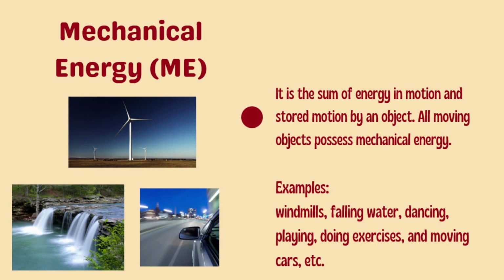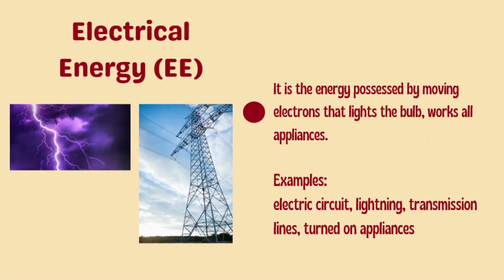First is mechanical energy. It is the sum of energy in motion and stored motion by an object. All moving objects possess mechanical energy, such as windmills, falling water, dancing, playing, doing exercises, moving cars, etc. Next is electrical energy.